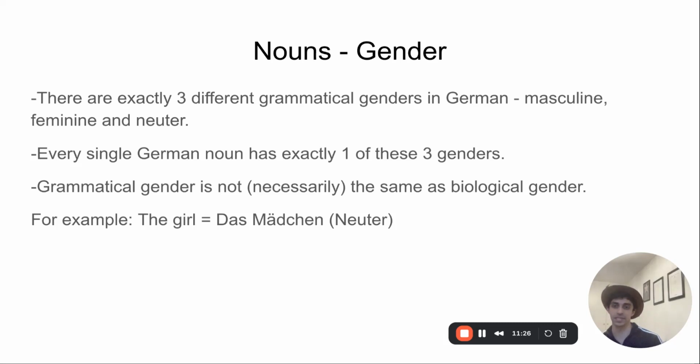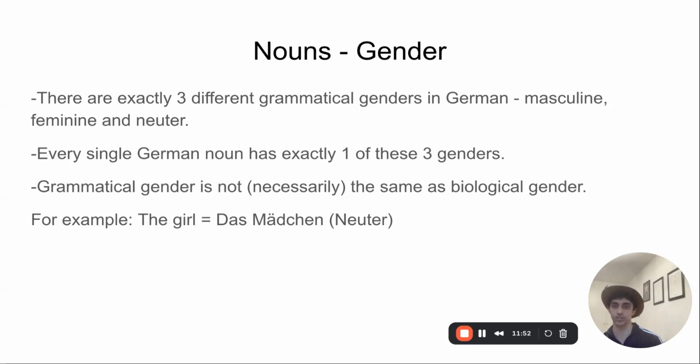One example of where this can be potentially confusing or misleading is the word for girl in German, which many people would assume is feminine. Indeed, normally the words for, say, boy, man, husband, and so on tend to be masculine in most languages, and the words for woman, wife, girl, and so on tend to be feminine in most languages with genders, but not always.